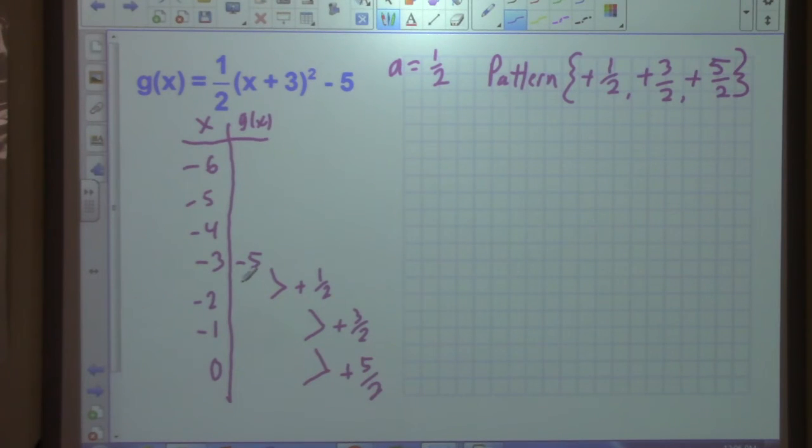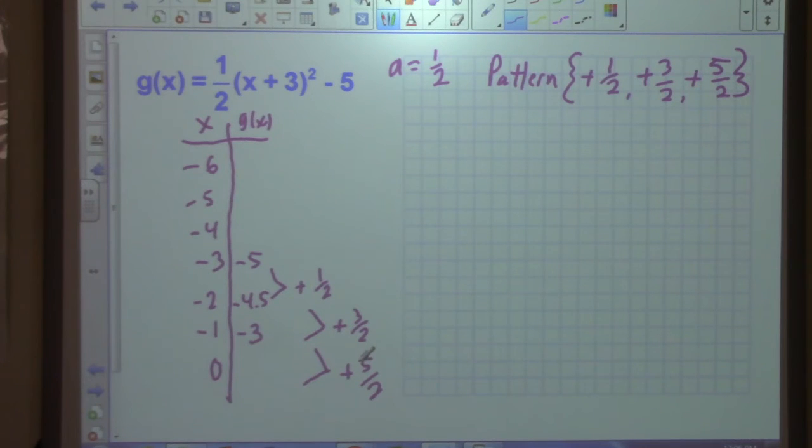So I'm gonna just go ahead and use a decimal version. Would you mind if I did that? What's -5 plus 1/2? -4.5. And then if we add 3/2, we get -3, right?